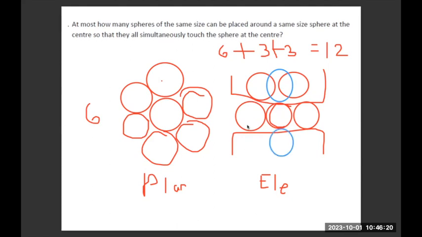Any doubts, any questions? Can you explain this question? So in this case, you are given one size sphere. Yes, Sanchi, they are overlapping. You have to guess how many spheres can be placed around that central sphere of the same size. So in plan, which we have done this diagram earlier, if I were to place the same circles around that central circle of same size, I can organize at most 6 spheres around it.